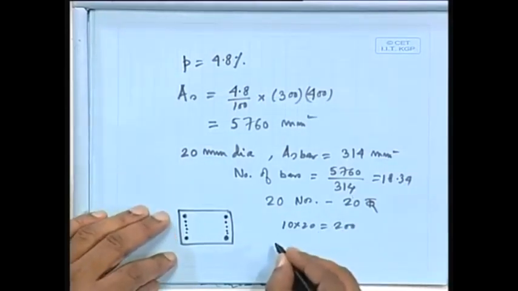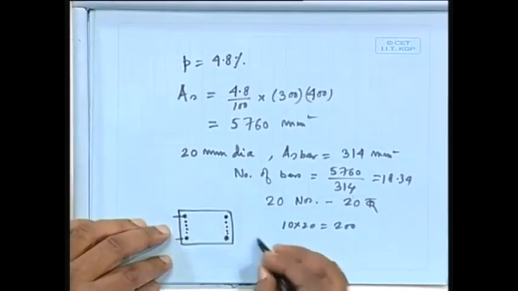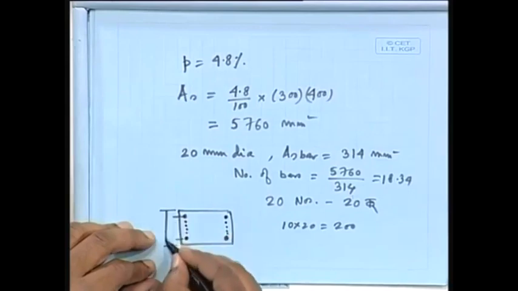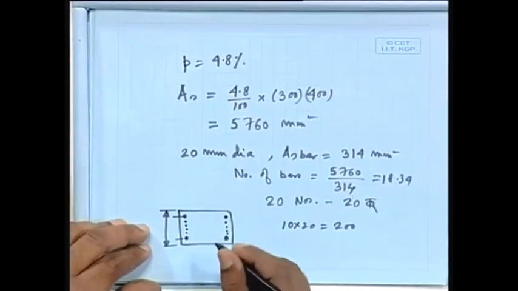So how much do you have to provide here? This distance, this is 300, and that is called detailing. Whenever you have to provide the reinforcement, this detailing you have to consider.